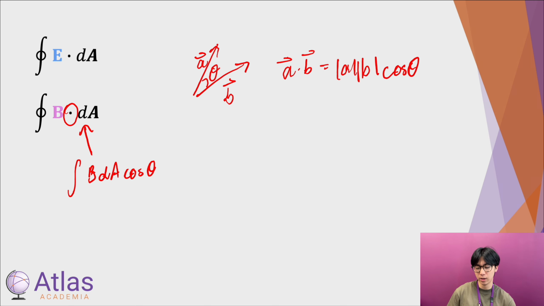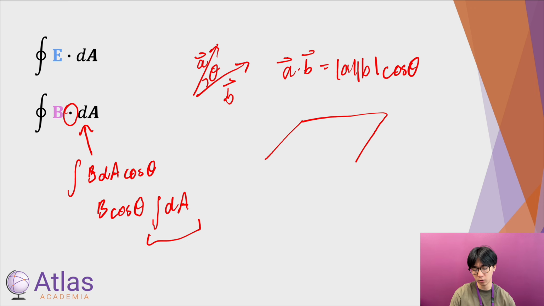Now, if I'm dealing with a constant theta and a constant B, then I can move these out of the integral to get a simpler problem of B cos theta times the integral of dA. And so now all we have to do is solve this part. So if you consider a rectangular coil with some area, dA is asking us to take a delta A, a really small piece of that area, an infinitesimally small chunk of area.